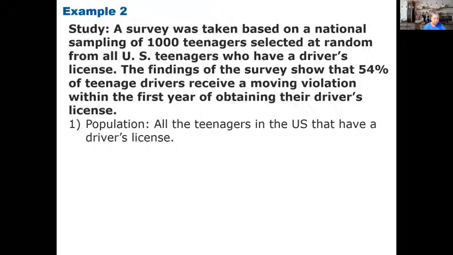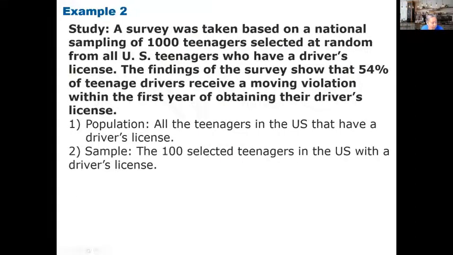The sample, so they choose 1,000 teenagers, right? Oh, there's a typo. Not 100 selected teenagers. I will correct that later. So the sample is 1,000. Let me correct it here.